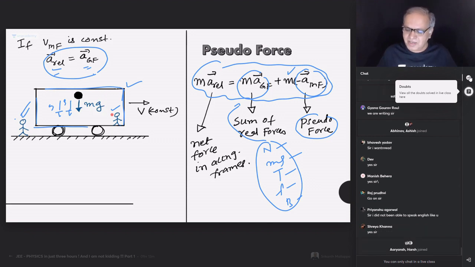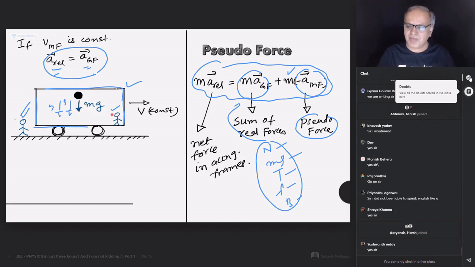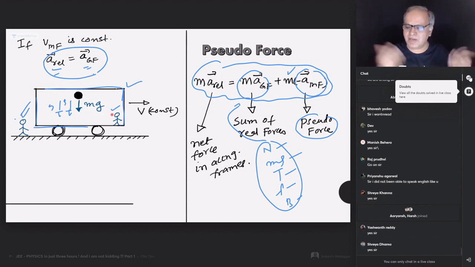I am not able to speak English like you. Priyanshu, I don't know better English than Bhaskar sir, believe me. If you have something to say in your stomach, you'll find the language yourself. Don't worry. I don't know English grammar properly. Of course, I've read many books. My English is only by reading books, not anything else.